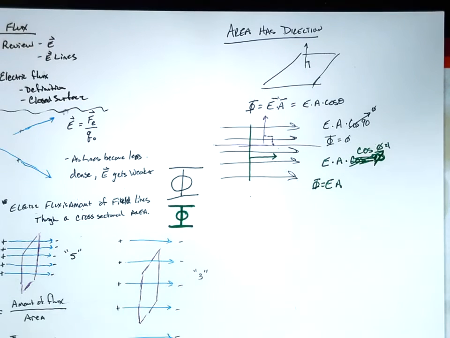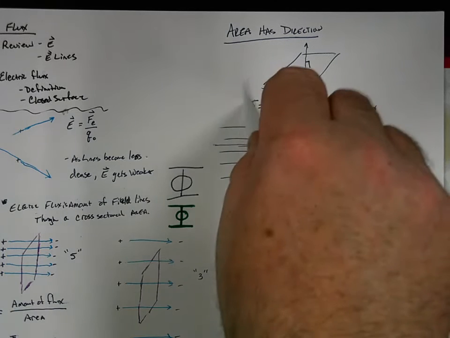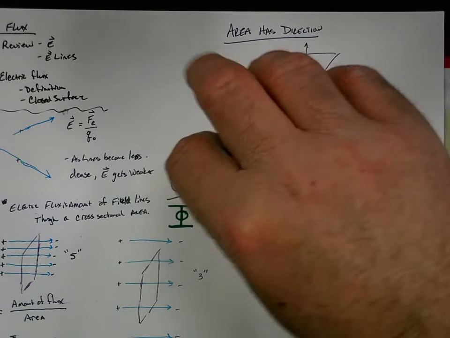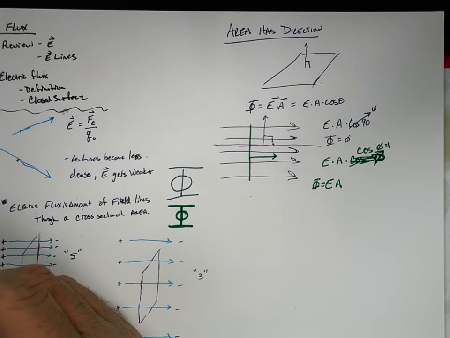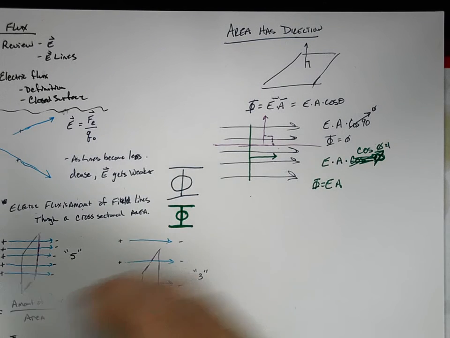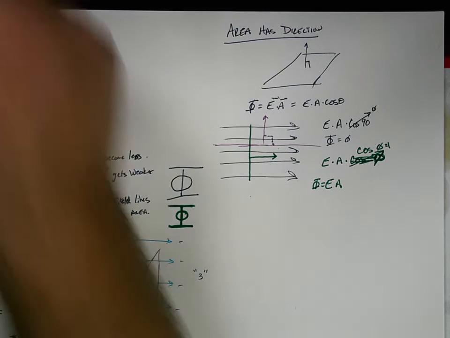There is a really cool real world application of this. Let's say that this is a loop of wire, and you rotate a loop of wire through a uniform magnetic field. In fact, it's not electric field, I take it back, it's a magnetic field. There's also such a thing as magnetic flux. We'll talk about magnetic field lines later on in the semester.